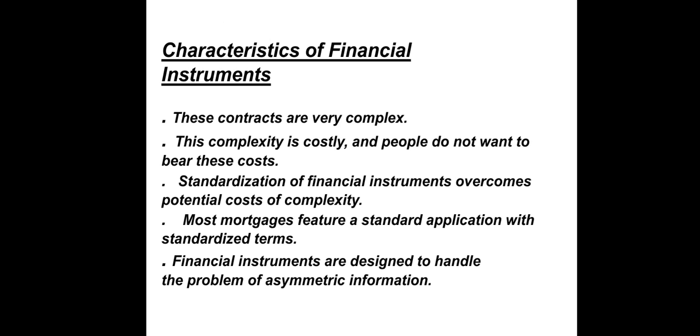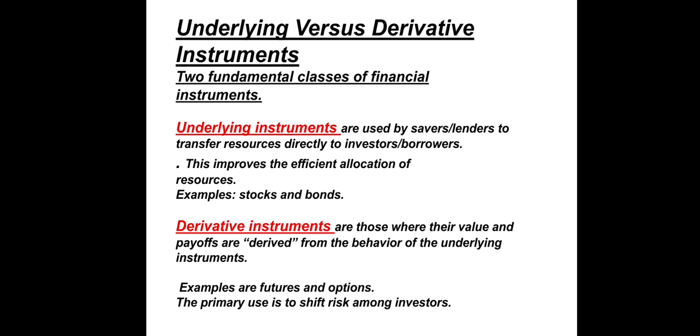Financial instruments are designed to handle the problem of asymmetric information. The contract of a financial instrument is very complex, so people cannot bear this cost because complexity is costly. So these are the characteristics of financial instruments.